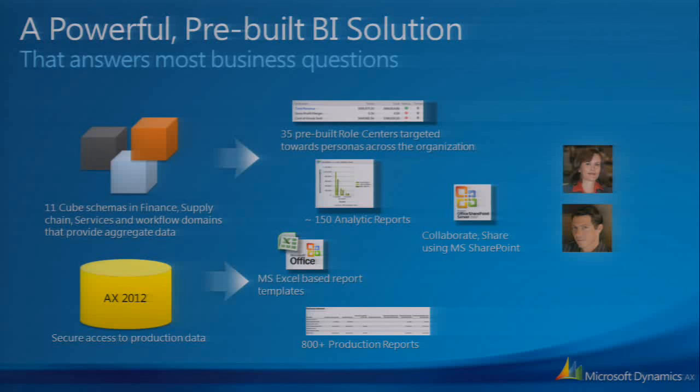And in our demo today, we're going to actually use Excel to connect to an analysis cube to show the power of that. Below that, we have production reports, the backbone of which is the SSAS report framework. And then we also have SharePoint, which ties all of these together and makes them available to the personas, again, that are representative of the larger end user group on the right-hand side.